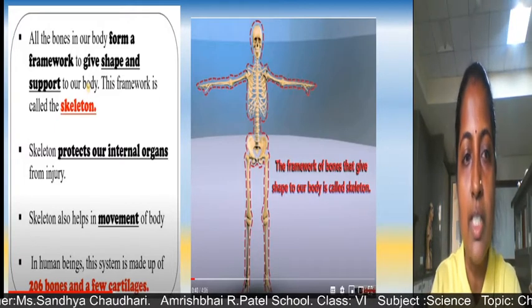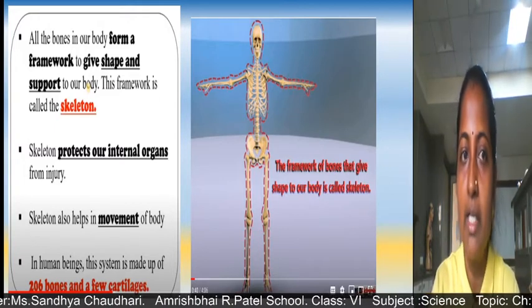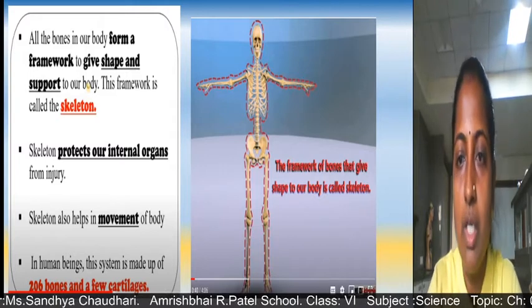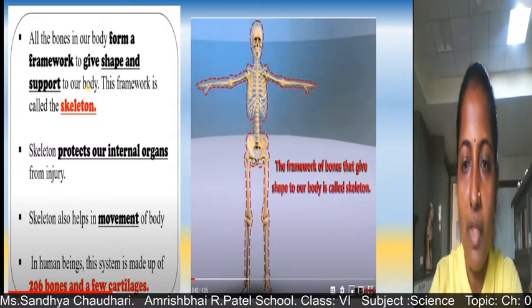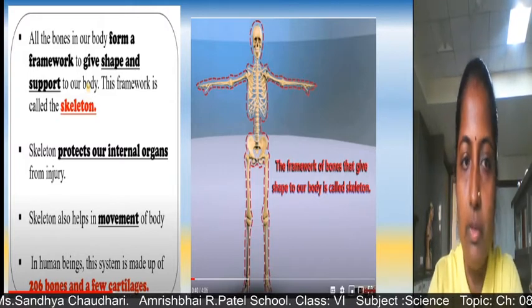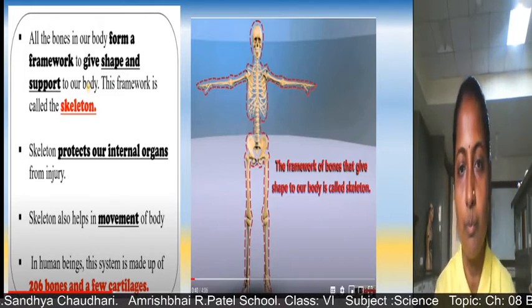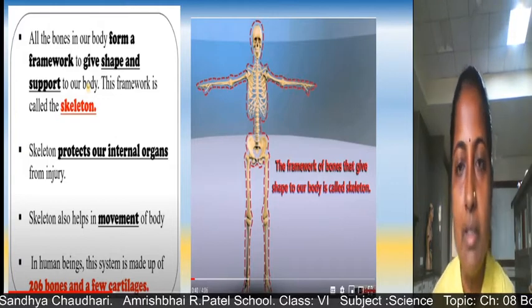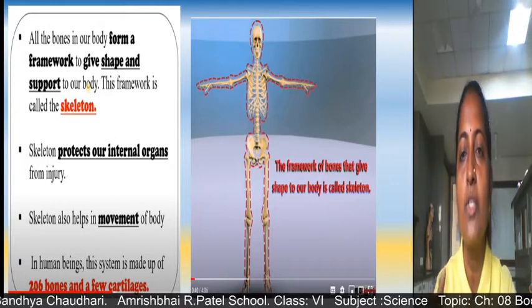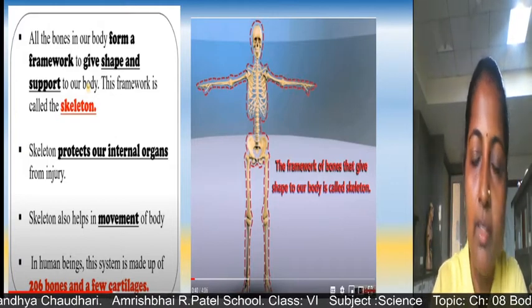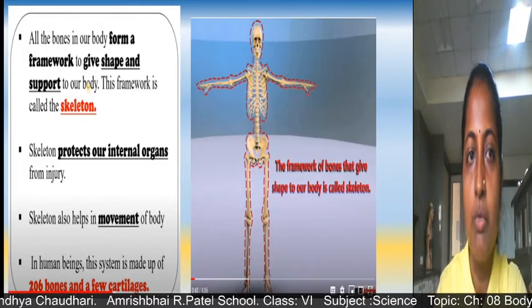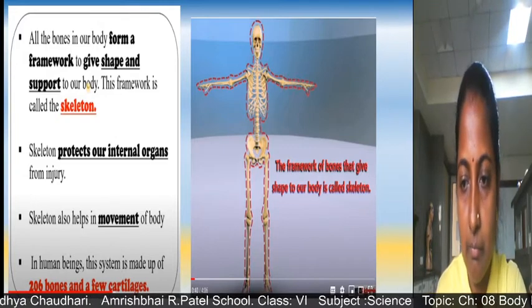Internal organs are soft and we can say delicate, and this is bony hard structure, so it can protect the internal organs from injury. And skeleton also helps in movement of body, and in human beings the system is made up of 206 bones and a few cartilages. So this is about a skeleton.